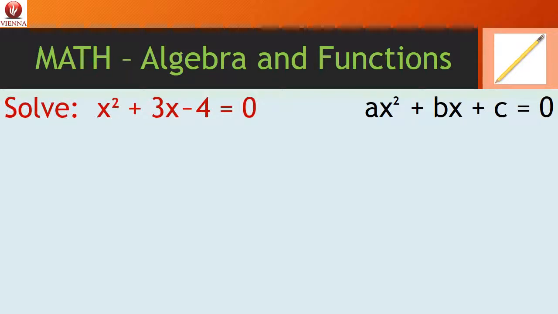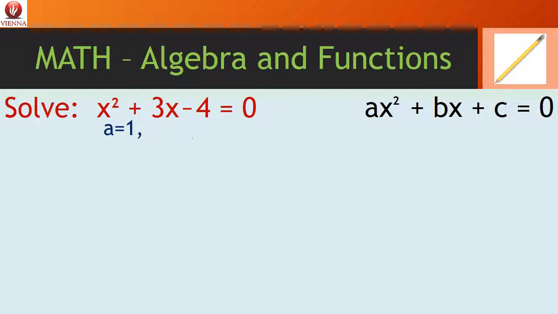So you'll see a problem like this. X squared plus 3x minus 4 equals 0, and you need to solve this. Now, the first thing to notice is ax squared is the form that this takes. So if you're wondering, well, what is the value for a? Just remember that x squared is the same as 1x squared. So right off the bat, you know that a is going to equal 1 in this case.